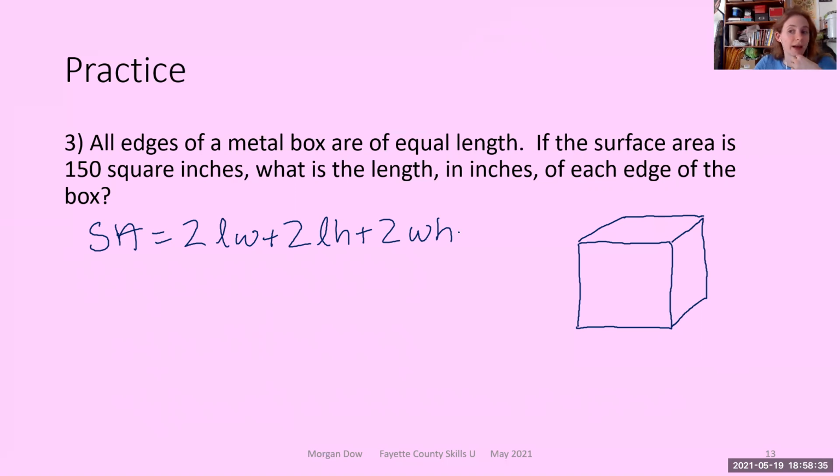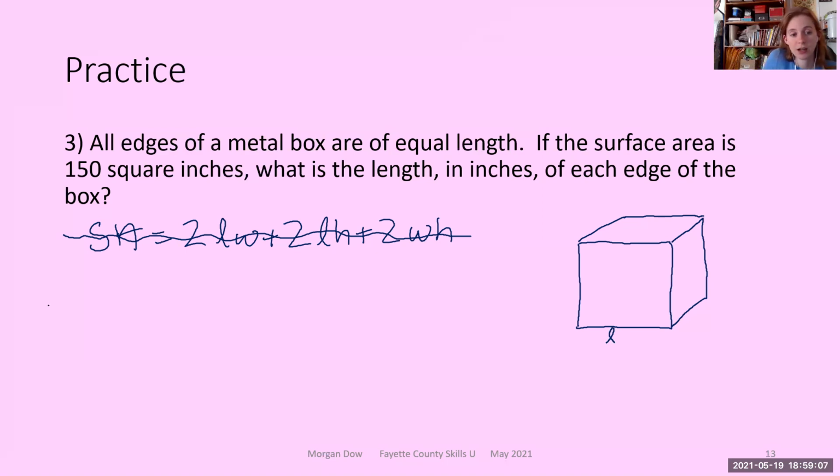So how do you find the area of a square? We actually don't even really need to think too much about this formula. How do you find the area of a square? Well, you do the length times the width, or you could think of it as the side length times the side length. That's actually what we're trying to figure out, right? We're trying to figure out the length of one of the edges of this cube.